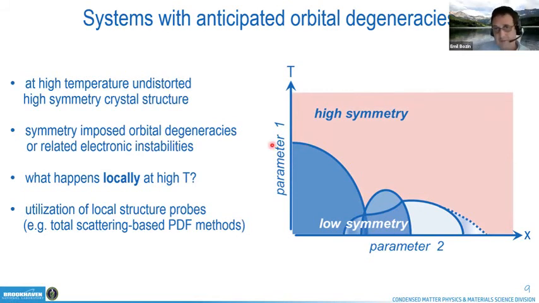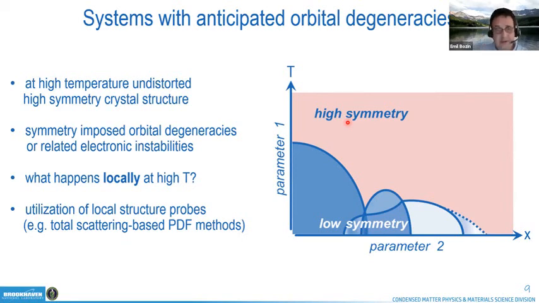And then one can ask a question of what actually happens locally at high temperature, or for that matter, anywhere in these phase diagrams away from the ordered phases. And to that effect, for somebody who is doing structure-property type of studies like me, utilization of local structural probes often provides useful information, such as, for example, studies using total scattering-based PDF methods, that we do.